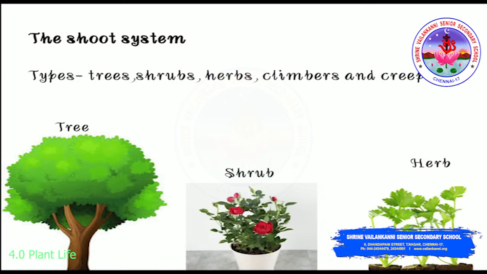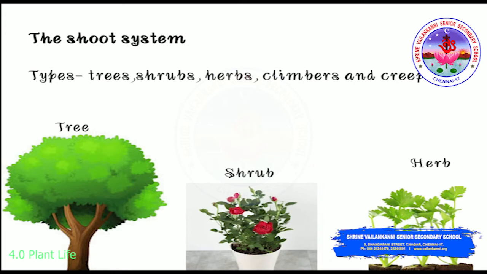According to the stem size, plants are differentiated into three types: tree, shrub and herbs. I have given an example. For a tree, the example is a mango tree. How will a mango tree look? A mango tree will be very tall and very strong, is it not?